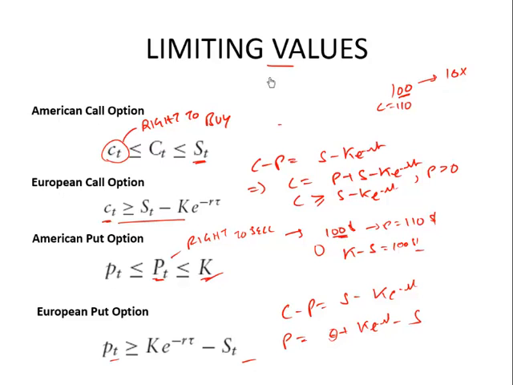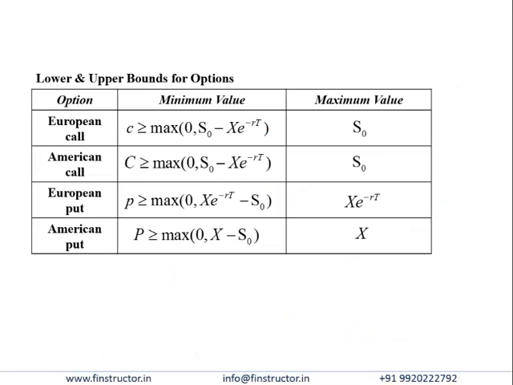So these are the limiting values, or the maximum and minimum values, of call and put options, summarized again in this table. So a call is always greater than or equal to S minus K e raised to power minus RT, or 0. A put will always be greater than K e raised to power minus RT minus S. The maximum value for a call option can be the current spot price.